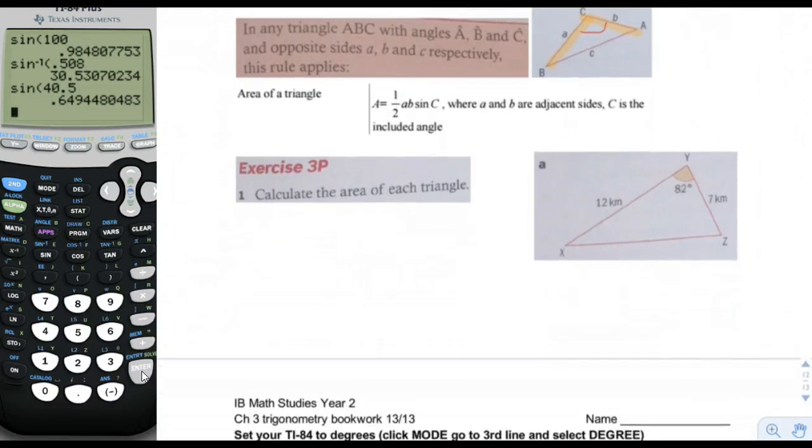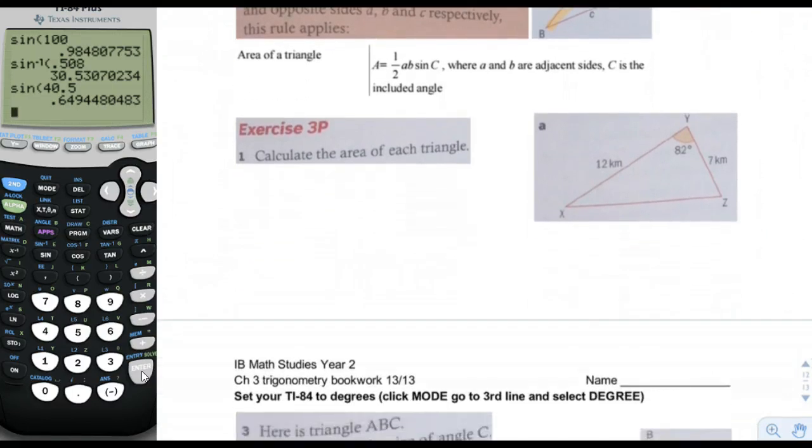This is probably the easiest thing that we're going to do in this chapter, so you can relax a little bit now. So when you have two sides and they include an angle, and they ask you for the area, you know which formula you're going to use. You're going to use that one. Okay, so the area is going to be equal to 1/2 AB sine of angle C. And angle C, of course, is 82 degrees. And AB, of course, is the other two sides, so 7 and 12.